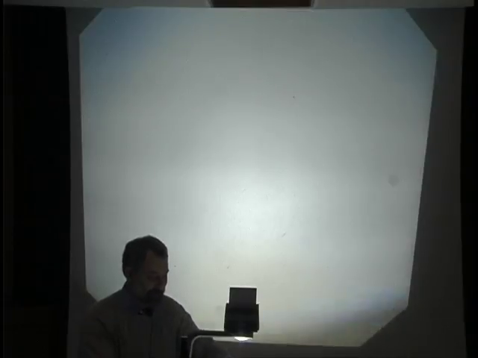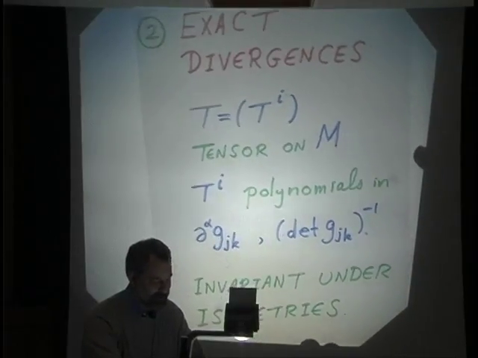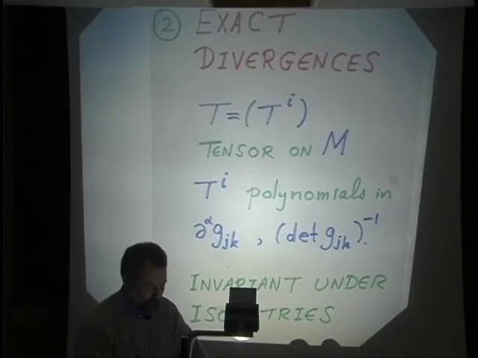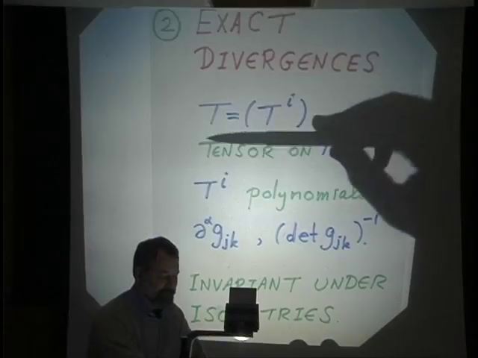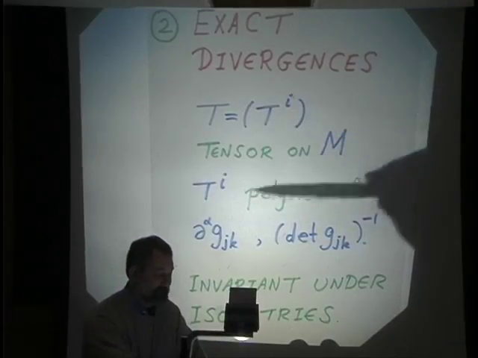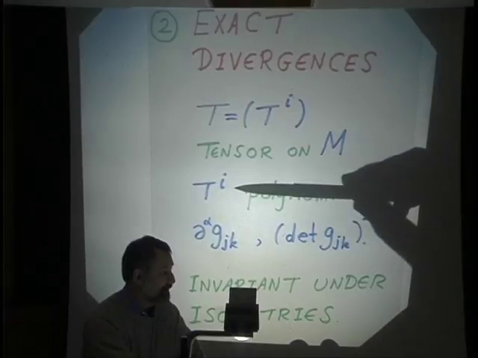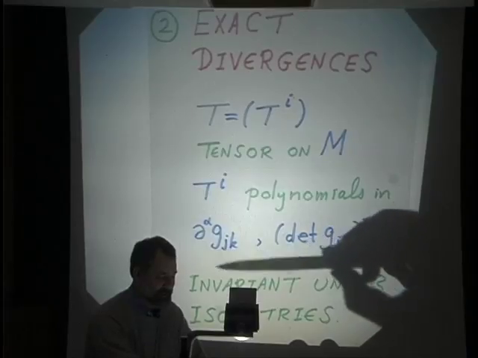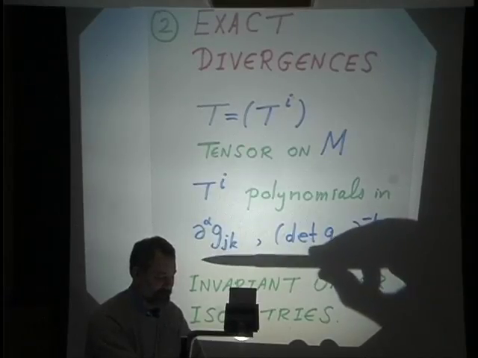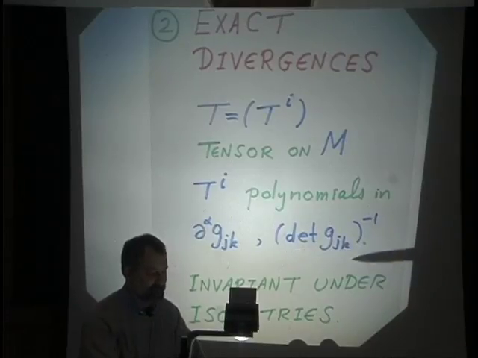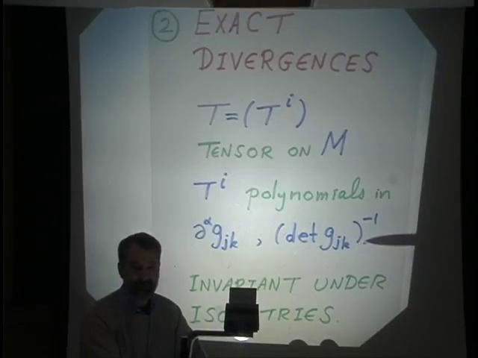So that's the first way to make conformal integral invariants. The second way is to take exact divergences. What I mean by that is the following. Suppose that on our manifold we produce a tensor, with components T_i. And let's suppose that each component of our tensor is a polynomial in the same formal variables as before, the derivatives of the metric tensor and 1 over the determinant of the metric tensor.